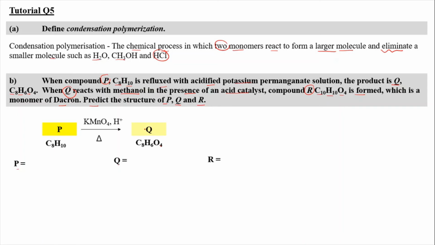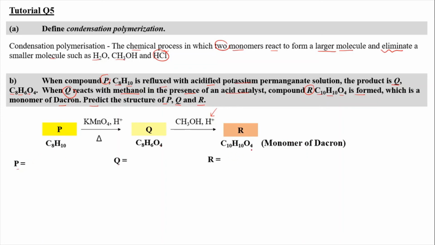Then this Q reacts with methanol in the presence of an acid catalyst, and this produces compound R, which has a molecular formula of C10H10O4, in which this structure is the monomer of Dacron. Then we have to predict P, Q, and R.